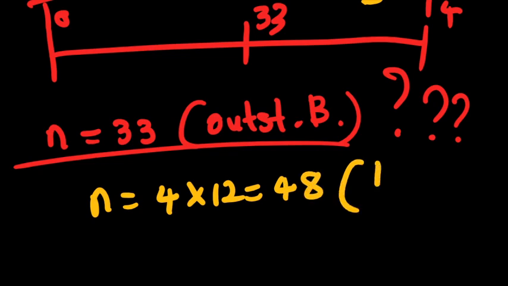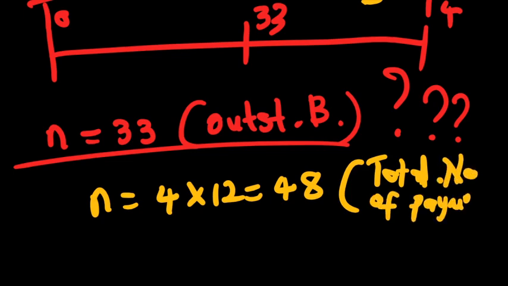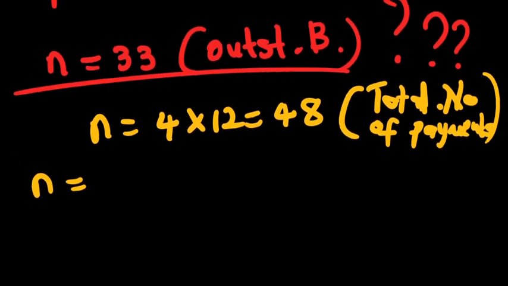So this is the total number of payments, and you want to know how much is the loan after 33 payments. So you're going to say 48 minus 33 payments, which is equal to 15.